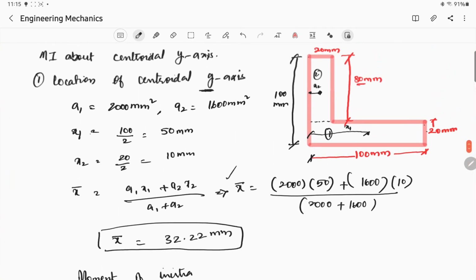I'll take this figure downwards so that we can easily calculate all the moments of inertia.